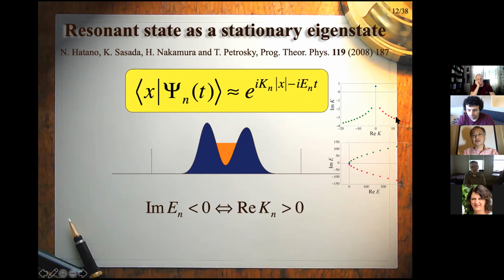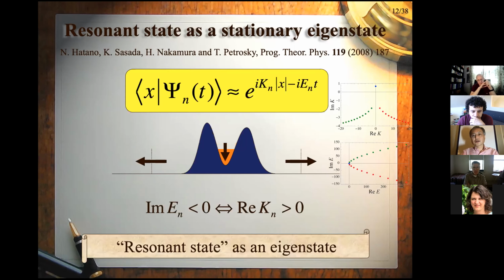So the wave function leaks outgoing waves, and the captured probability decays in time. With a negative imaginary part, it decays in time. This is a resonance state as an eigenstate: it decays in time, and the probability leaks to infinity in outgoing waves.